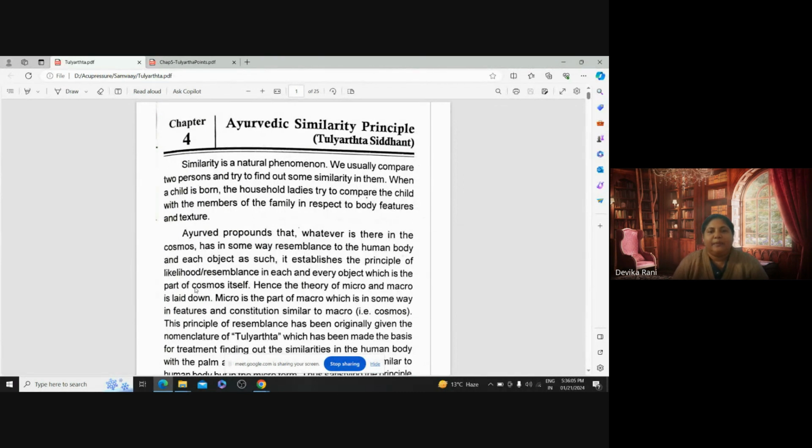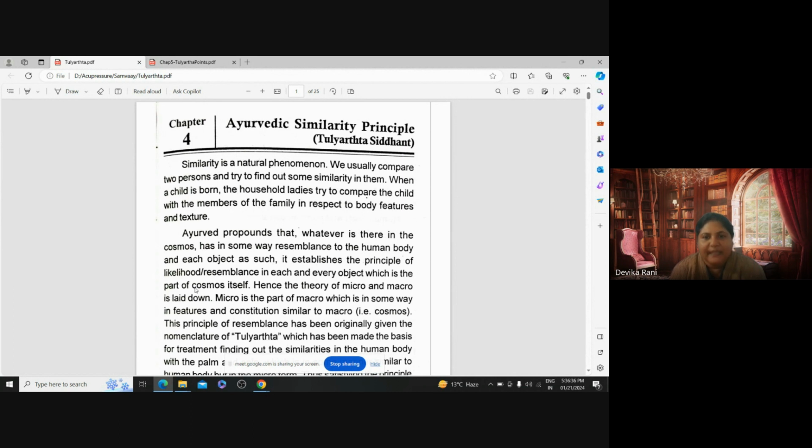Similarly, the human body also has five elements, and our body also functions in a set way. A lot of functions are involuntary. So we become the micro image of the macro, which is the cosmos.